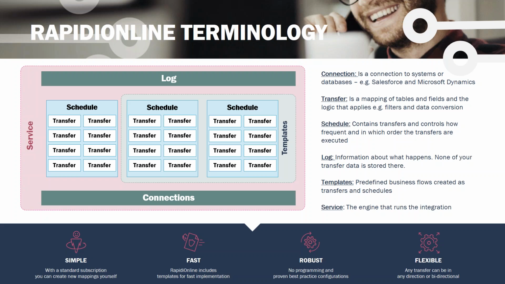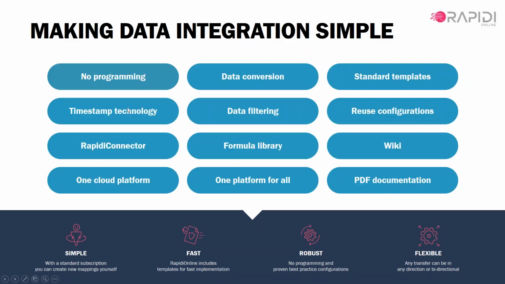And then the last component is the service itself. And within a service, you have all of these components in one service. And this service is basically what runs the integration. So I hope that is clear. And I'm just going to see if I can see the question I have here.